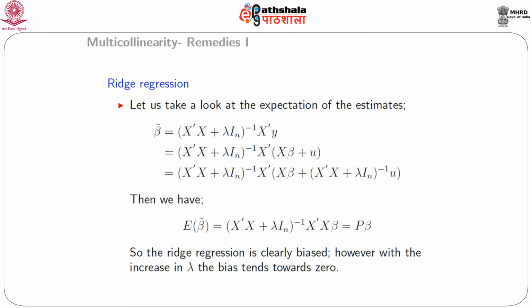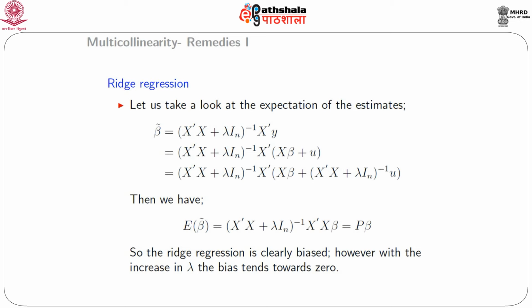Then, taking expectation on both sides, the expectation of beta tilde equals (X'X + λI)^-1 X'Xβ, because we know the error term u is normally distributed with expectation 0.